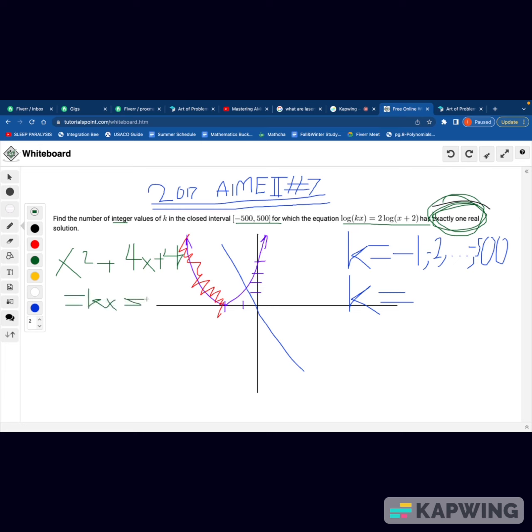For it to be tangent, we want to intersect at exactly one point. If we move the kx to the left side and set the right side to 0, we need this new quadratic to have exactly one real solution.